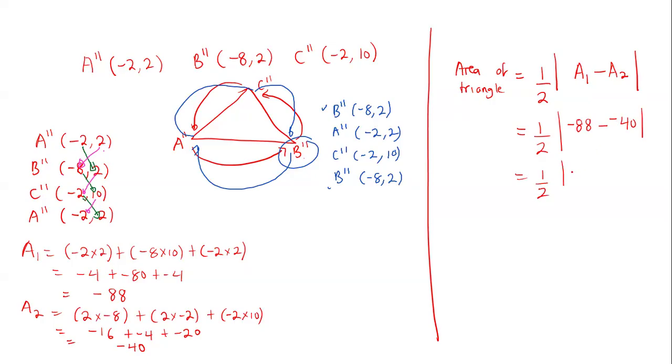That will give us negative 48. But the use of this magnitude is to absorb this negative. So I throw out the negative and I see this as a half times the 48, and I will end up with 24 as my area. And these are square centimeters, like the way they gave it to us in the question.